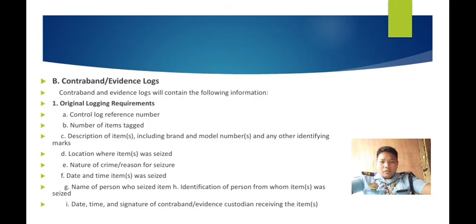So letter B, we also have the contraband evidence log. What are those? The contraband and evidence log will contain the following information. 1. Original logging requirements.